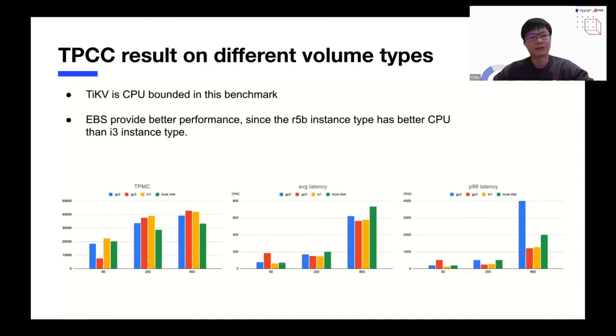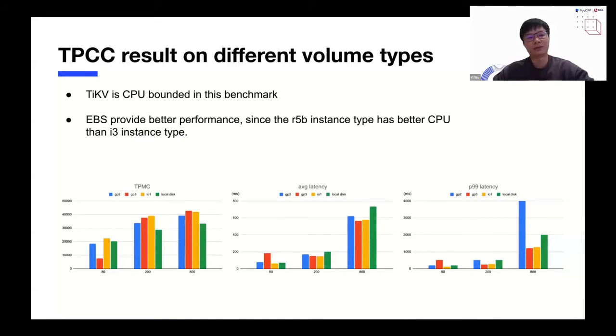And because we're on AWS, there are more EC2 instance types that support EBS than local disk. We only have the I3 or the C5 instance types to choose from, and those instance types have a less powerful CPU. So with EBS, we could choose more instance types with a more powerful CPU, and so achieve better performance.